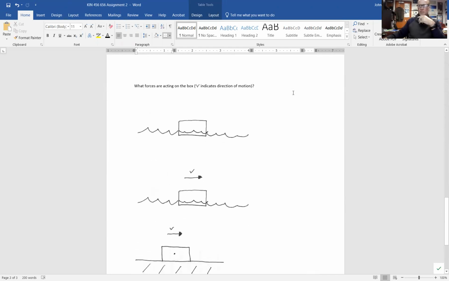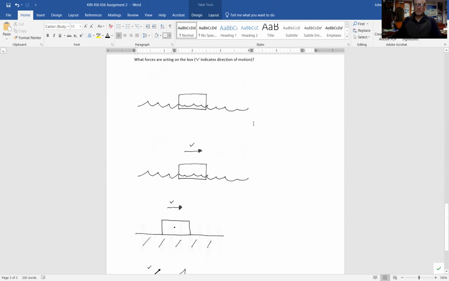But the task I want you to try to tackle this week, it's not graded, is to continue to emphasize this issue of identifying forces acting on an object, not by an object. The confusion sometimes comes when we add both forces created by and on an object, and that's where our analysis gets a little more complicated.